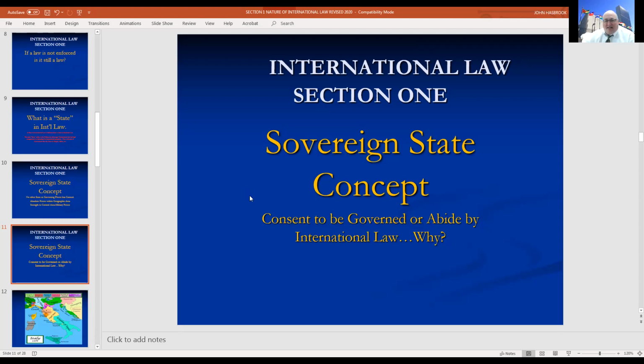They are consenting to be governed by international law. If you think about law, it's really a limitation on power, right? And so international law essentially requires the consent, the agreement, either expressly, like through a treaty, like a contract, or through natural law, to be governed or behave in a certain way. That's one of the fundamental concepts. So let me just kind of explain a little bit about what I mean.